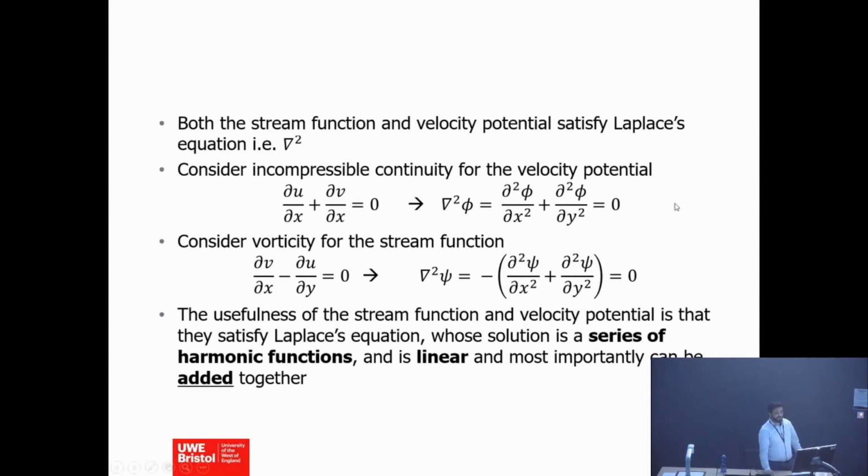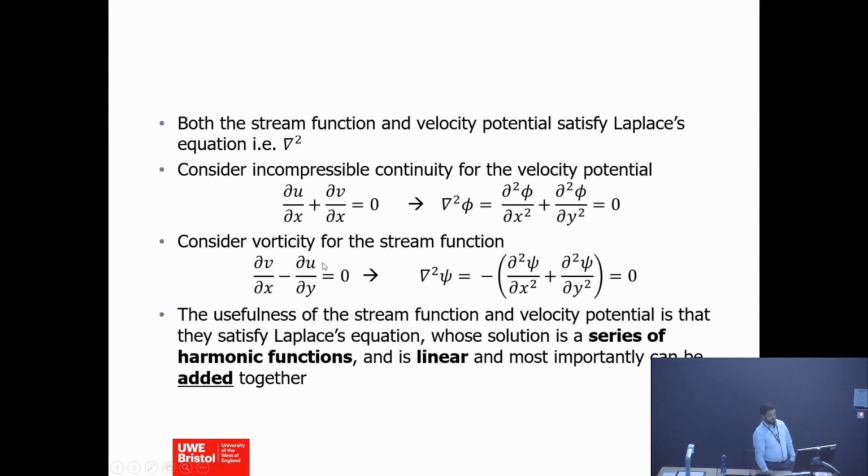The same with the stream function. So if we take this definition here, anyone remembers what this definition is? We took it a few slides before. What's this property? Vorticity. Well done, mate. That's vorticity, and because it's irrotational, it's equal to 0, isn't it? That's the potential flow model. So this is vorticity equal to 0 in this model. Now, what we're going to do is substitute for v and u in terms of psi, okay?